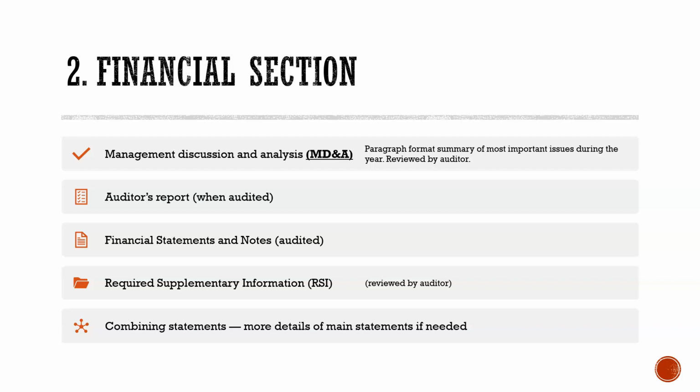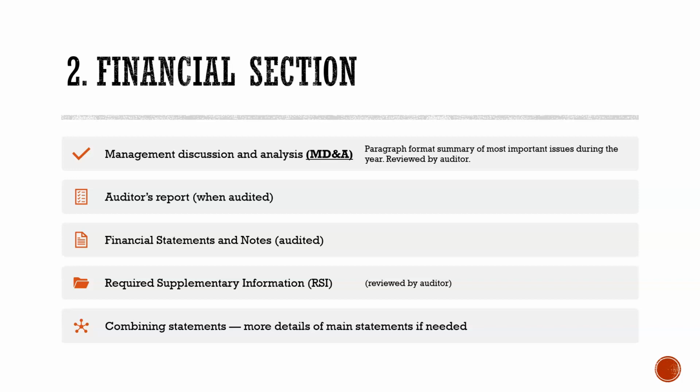Next up is the financial section. This is going to include your MD&A. If you're not familiar with the MD&A, it's essentially people that we refer to at the auditor's office as those charged with governance, those that are going to be the ones reviewing the reports and things like that, the managers, right?